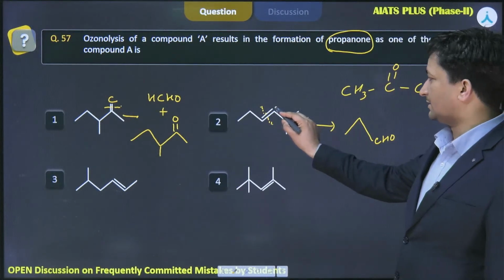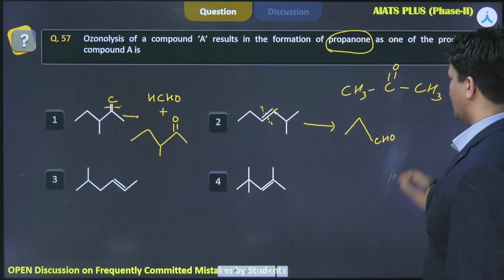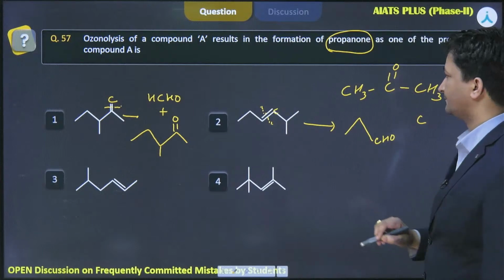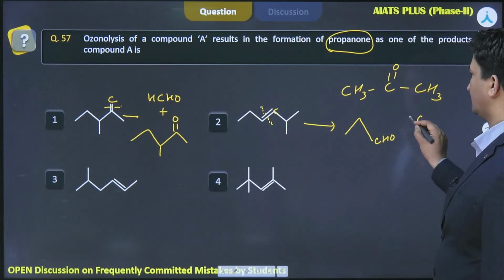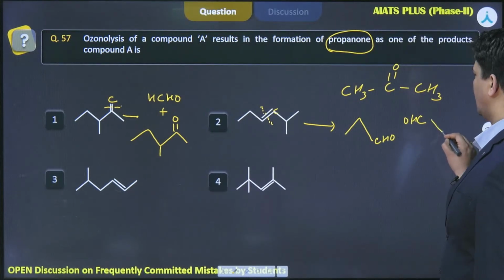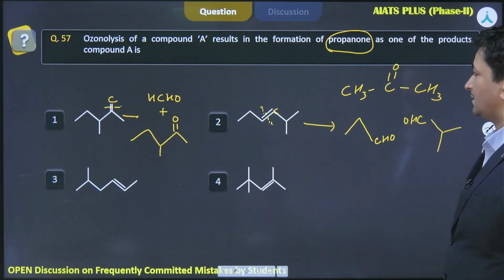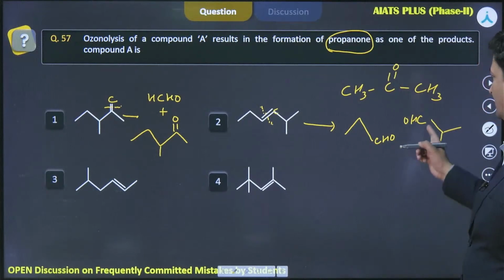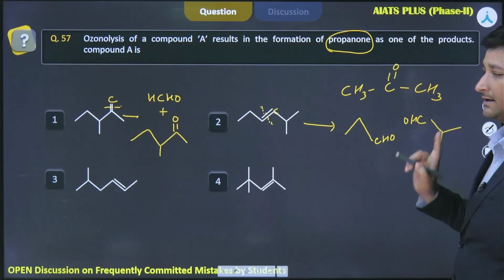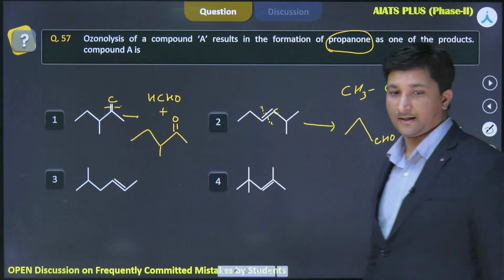You can see this one is also having the carbon here, so next, CHO will be here followed by this. So it is also not going to produce propanone because both are aldehydic groups. Okay, so the second is not the correct answer.